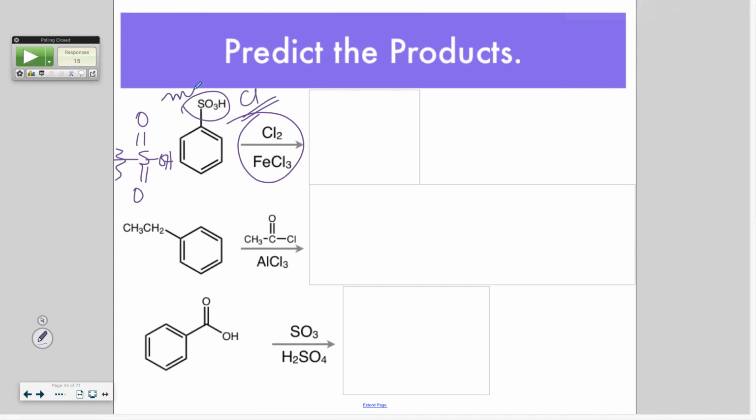So what do you think the product is going to be? What are we going to put on the ring? Chlorine, and the SO3H is telling us where it can go. So it's going to go where? Meta. That's it. It doesn't matter if you draw it on the left side or the right side. They are equivalent. Remember, all the bonds of benzene are equivalent.